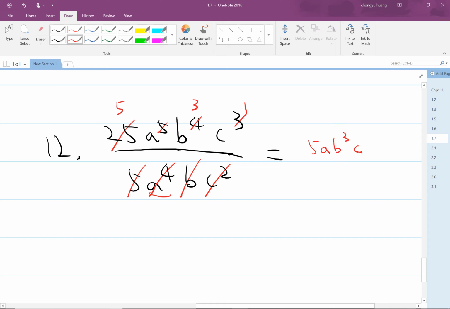If any variable has a power of 1, you don't have to write it. So for a it's 5 minus 4, so a to the power 1, so it's simply a. For b it's 4 minus 1, b to the power 3, and c is 3 minus 2, so c to the power 1, so it's just simply c.